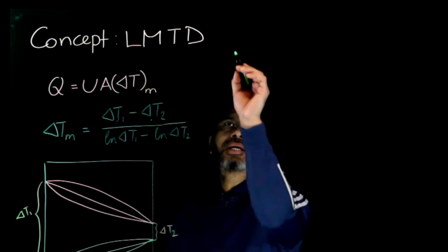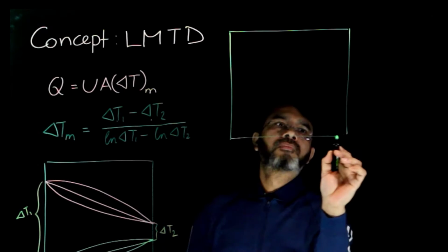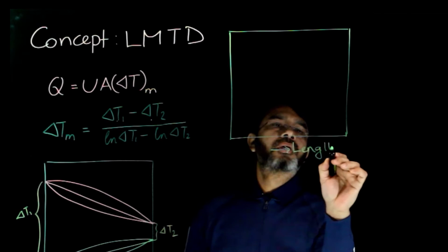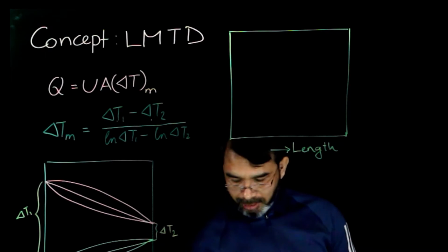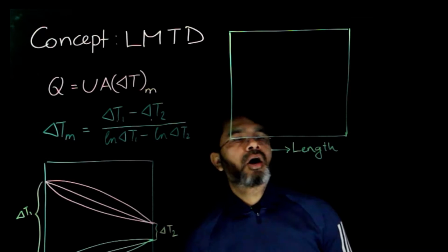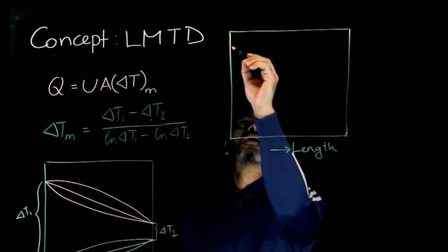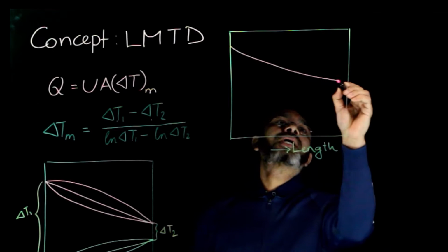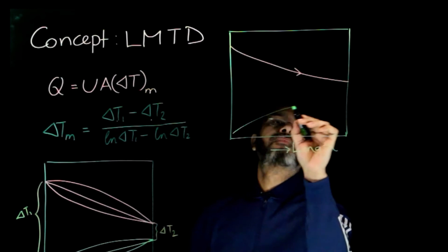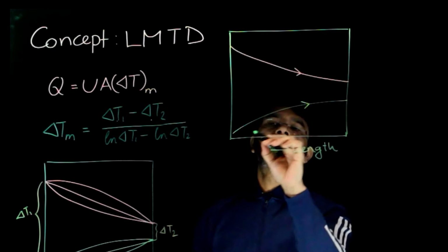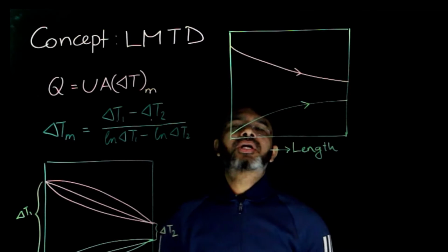If you draw the temperature profiles of the two fluids along the length of the heat exchanger, for the hot fluid the temperature goes from here to here, and for the cold fluid the temperature may change from here, something like this. Now let's use some notation here.